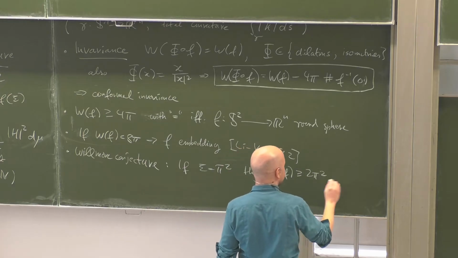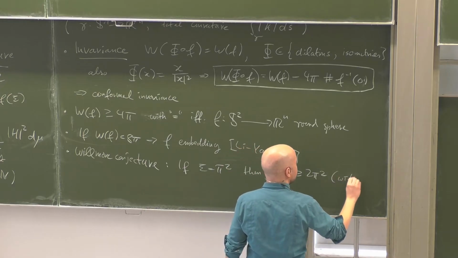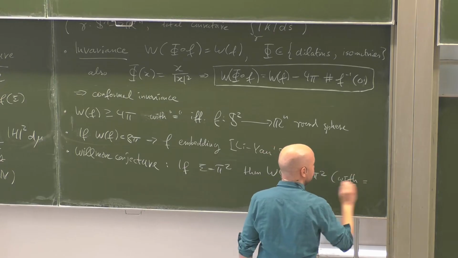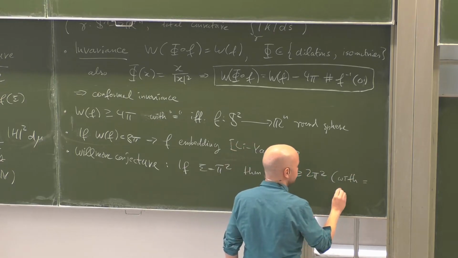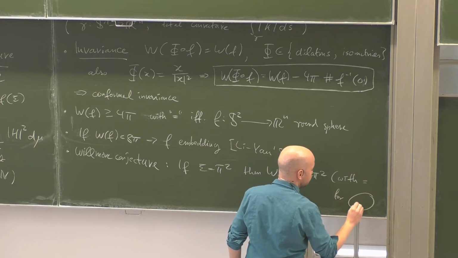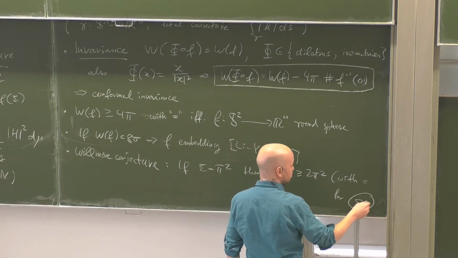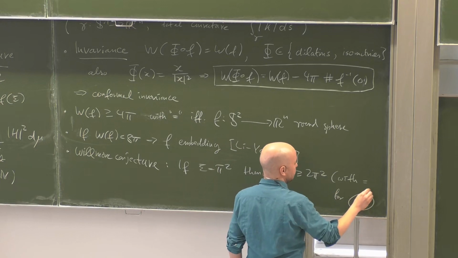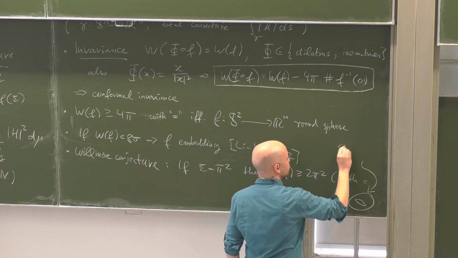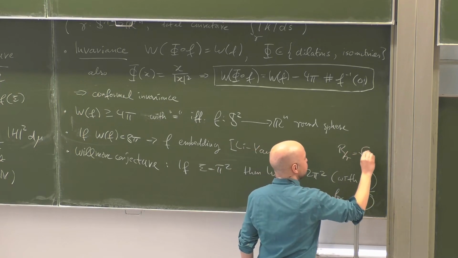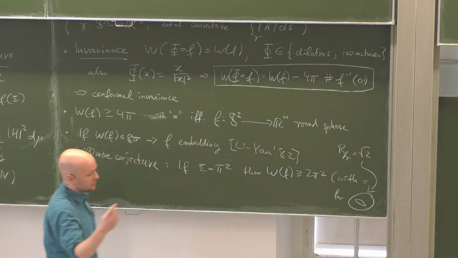Yes, and here we have the possibility to get equality for the so-called Clifford torus, a round torus of revolution where the radii have a specific ratio of square root of 2.